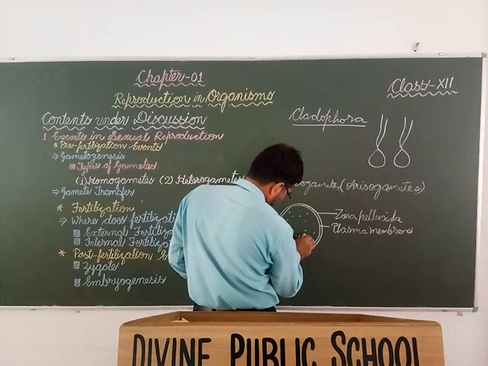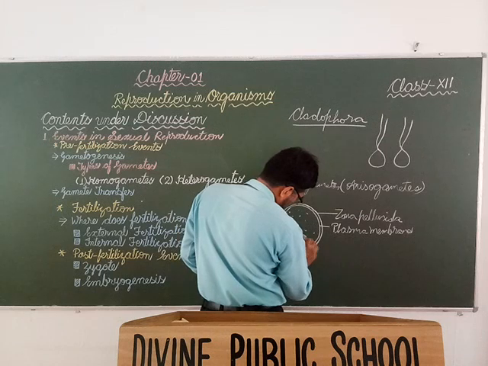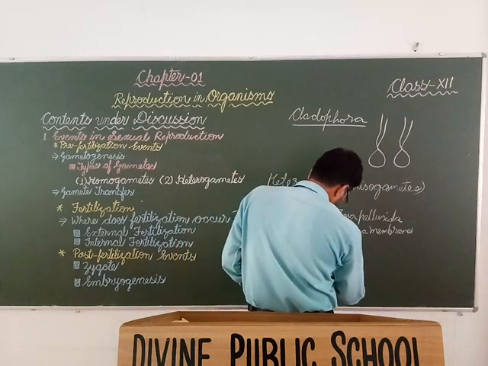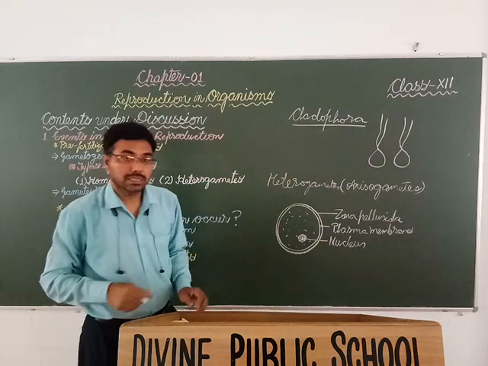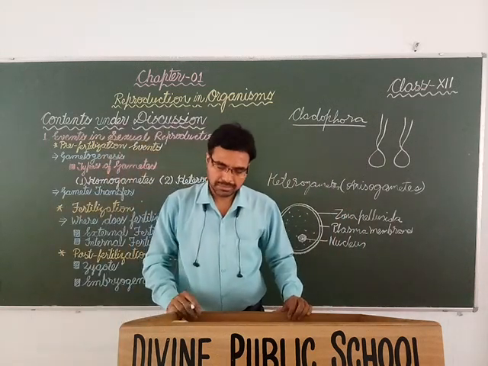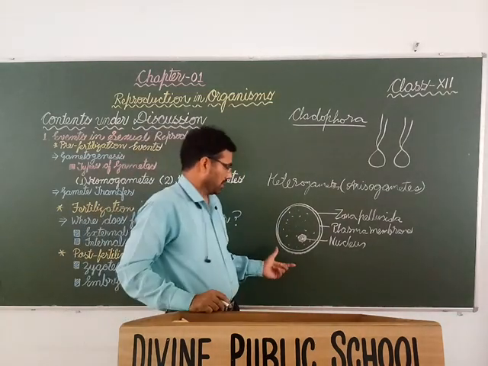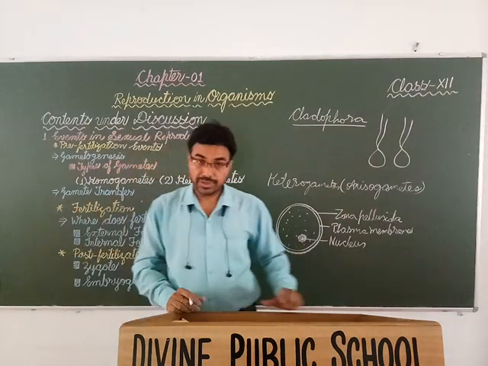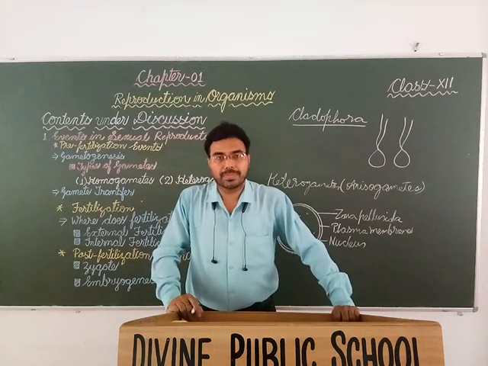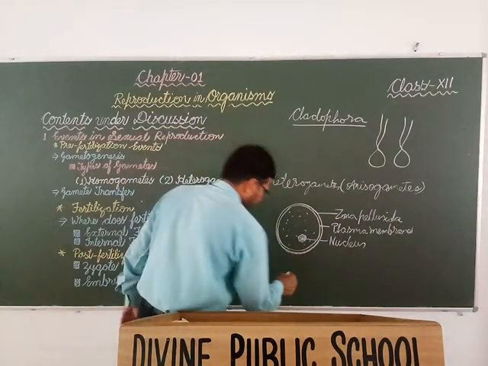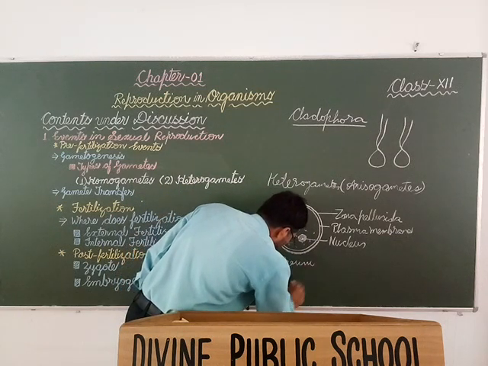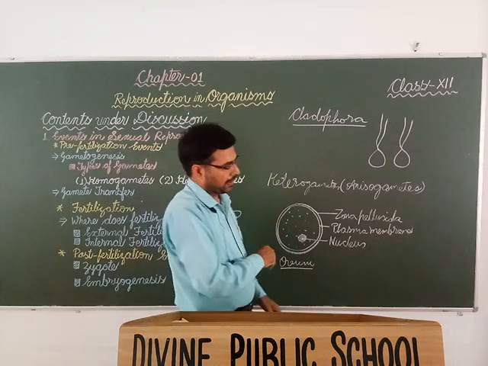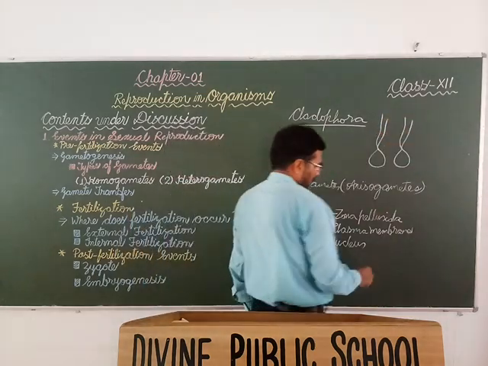So, beta, this is the female gamete, or you can say ovum, of human beings. Now, here it is.